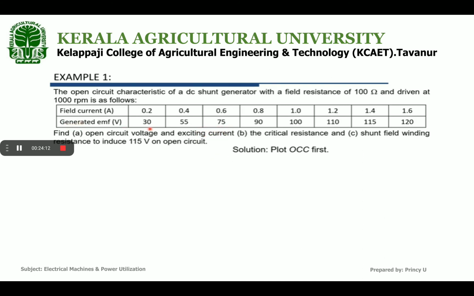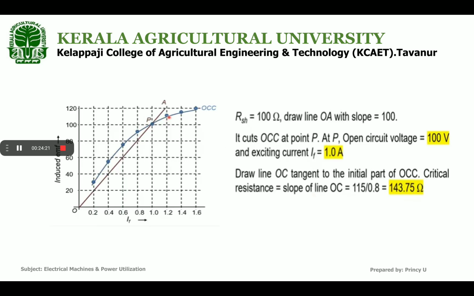Okay, so you have given your resistance as 100 ohm. So you know your resistance RSH is 100 ohm. So draw a line OA with the slope 100 ohm. So you draw this line, RSH line OA.